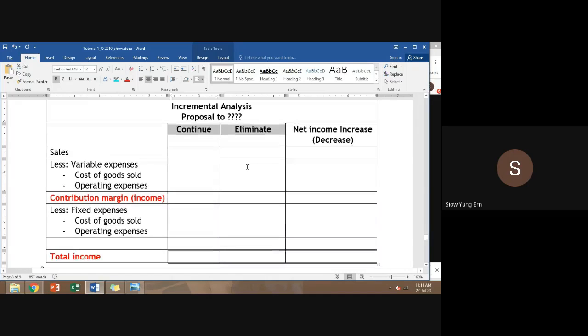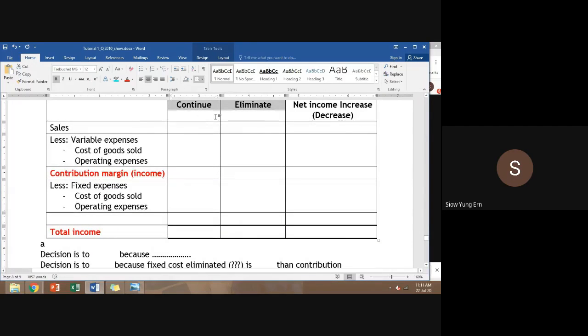In your calculation, normally for continue and eliminate, we will use the contribution margin method. Contribution margin means sales less all your variable costs. Then you less all your fixed costs, you get total income. We use it because we want to see what your variable portion is.